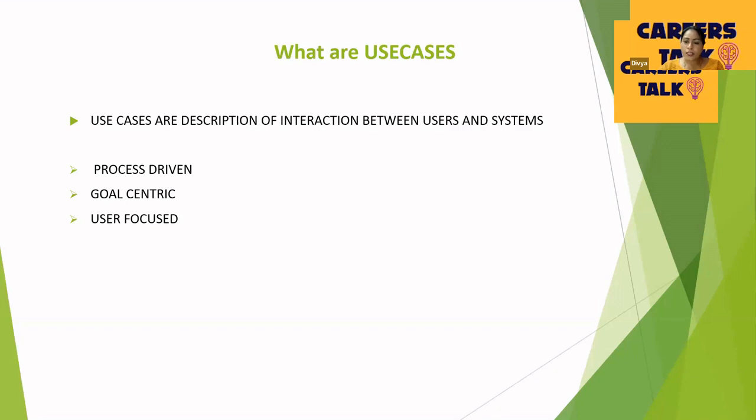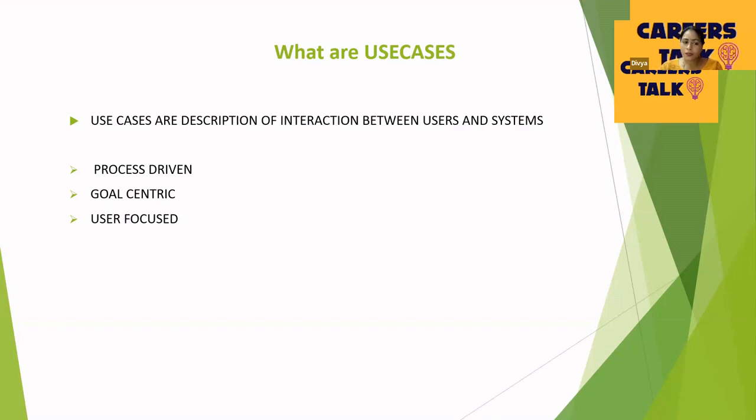When you're interacting with any system, you want to achieve a specific goal. It means that some job needs to be accomplished when you're interacting with the system. For me, as a YouTube creator, my goal is to create the content so that it is accessible to many of the students over there. As an online viewer, for you, the goal would be to search the content you need and gain the knowledge from that particular video.